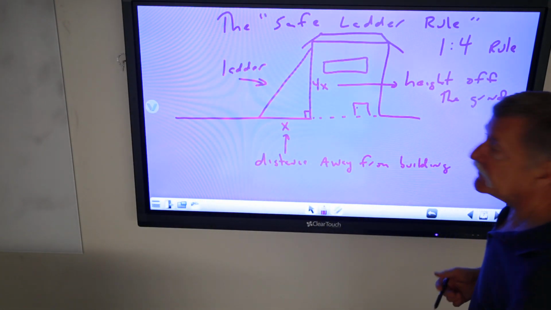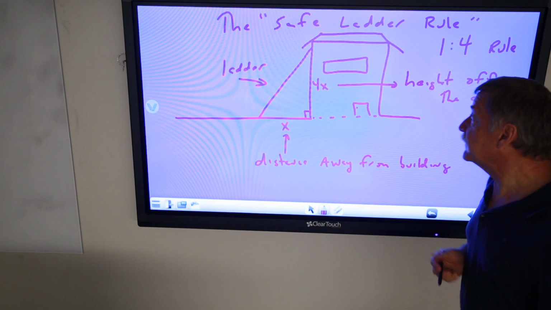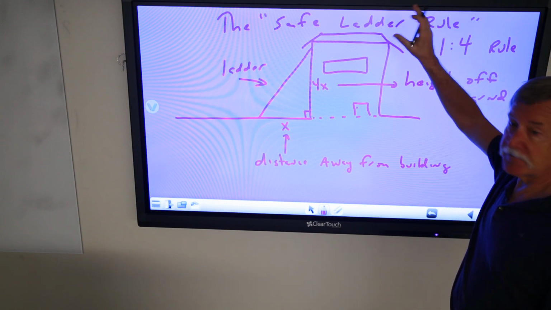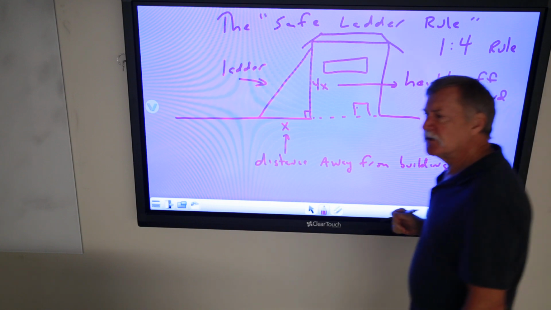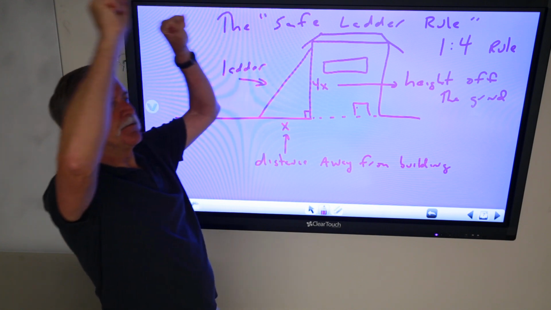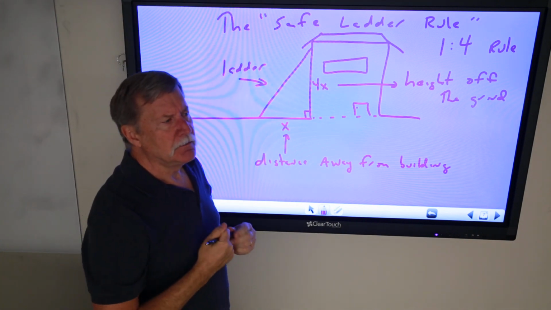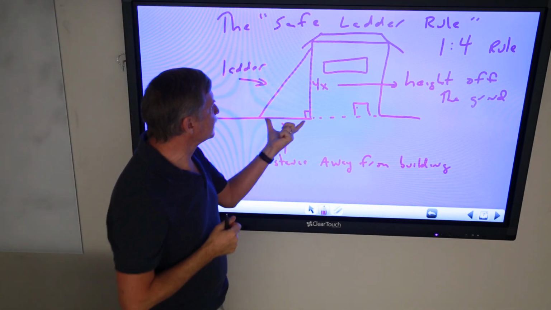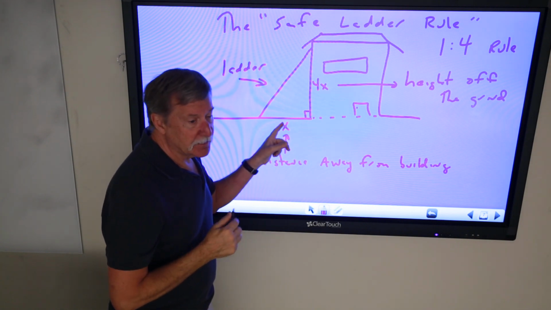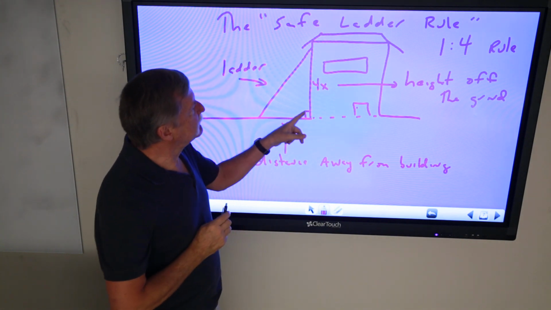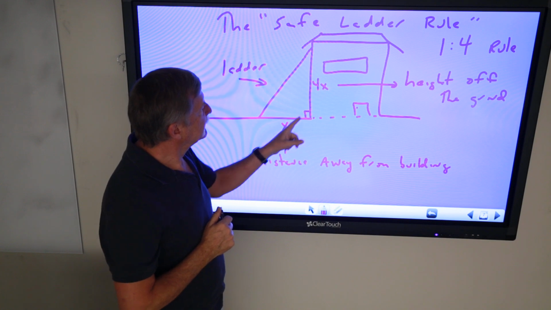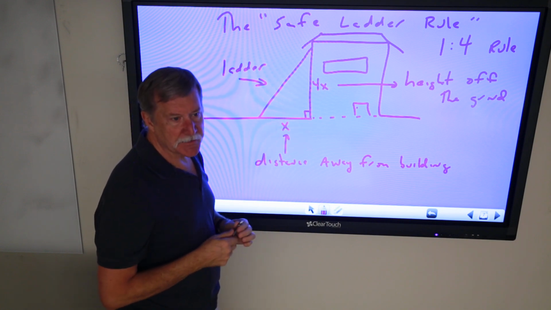Well, speaking of standing up straight, another application of the Pythagorean theorem is the idea of the safe ladder rule. You ever climbed a ladder, but if it's too close to the house, it starts to go back on you? Well, there's a rule that says the distance that's safe to go up is 4 times the distance away from the house.